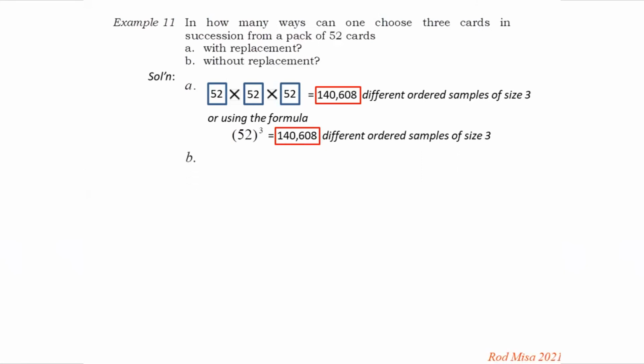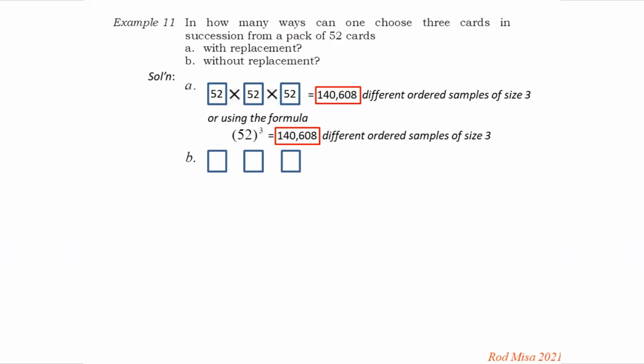Now let's proceed to the solution for letter B question. How many ways you can choose your 3 cards in succession from a 52 deck of cards without replacement at this time? So because you are drawing 3 cards in succession, you will be creating 3 boxes here. And the first box represents the result of your first card during the first draw.